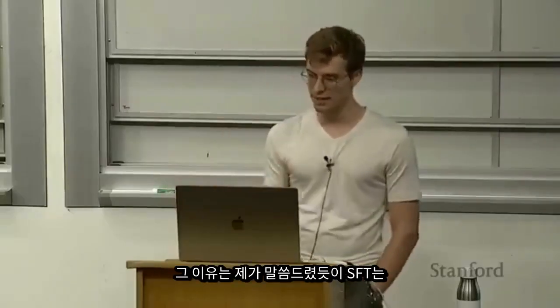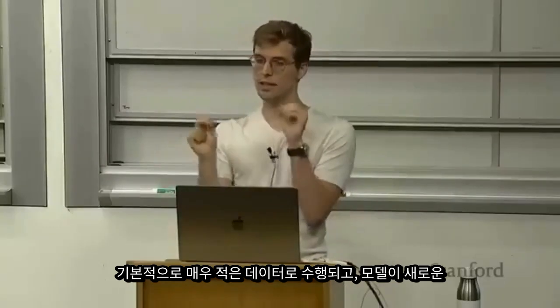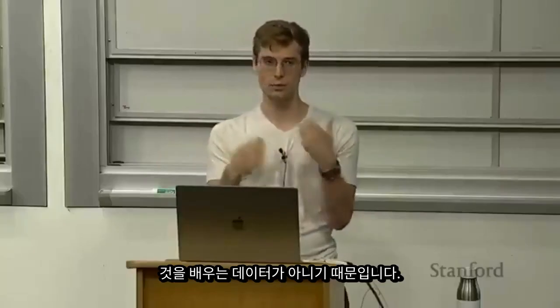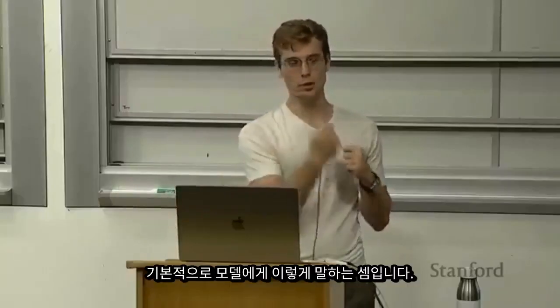The reason is that, as I told you, SFT is with very little data, and the model doesn't learn anything new. So what if the human gives an answer that the model didn't know was true? From the model perspective, the human basically is telling the model, generate this thing that seems plausible, but actually I have no idea if it's true or not.